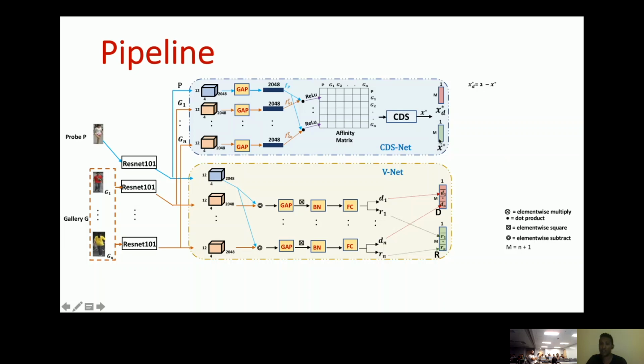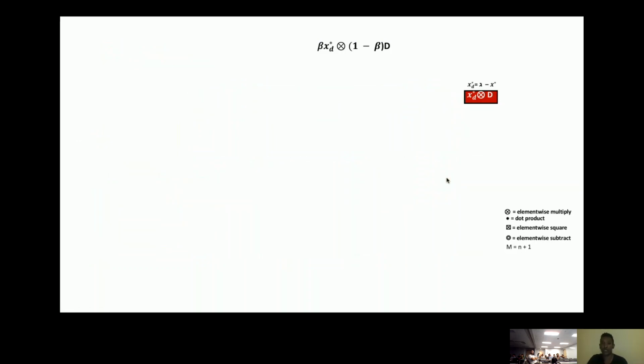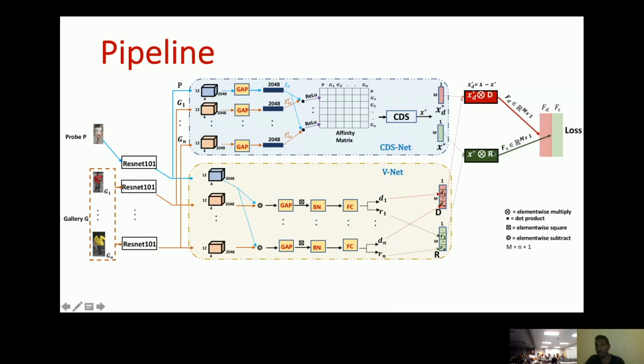Once we obtain the similarity and dissimilarity vectors from the upper and lower branch, we apply a similarity fusion by applying element-wise multiplication between these vectors using a fusion parameter called beta. And then after the fusion, we find the final similarity vector and dissimilarity vector, and then we apply a cross entropy loss.